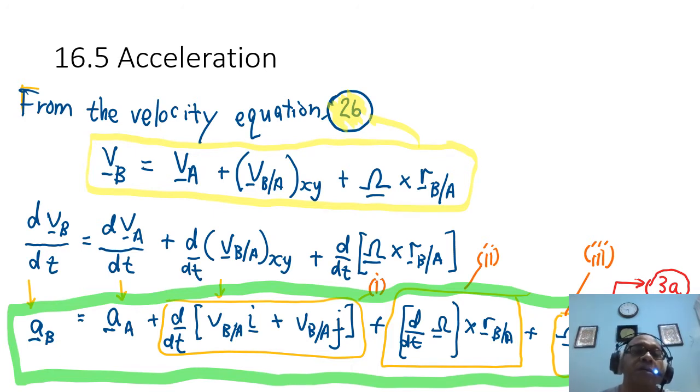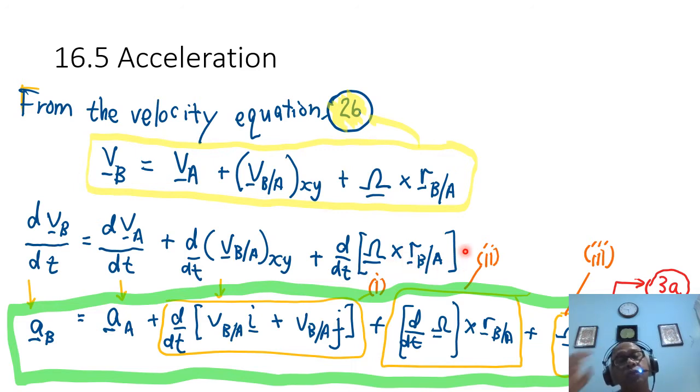So we will now differentiate velocity b, dvb over dt, and we have to differentiate all these three terms: va, vb relative to a, or v relative, and the term omega cross position vector b relative to a. This is what we have written down here: dva over dt, d over dt of vb relative to a, where xy is the reference, a subscript, not a value, and d over dt of omega cross position vector b relative to a.